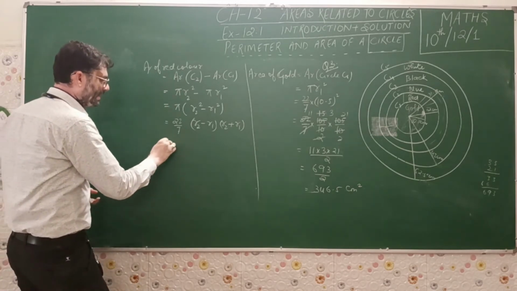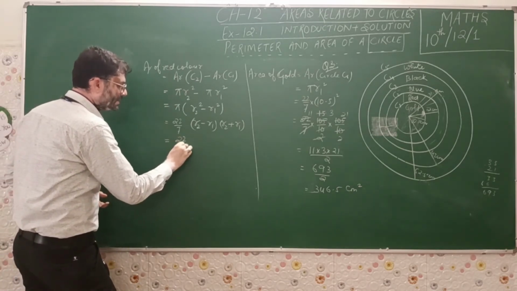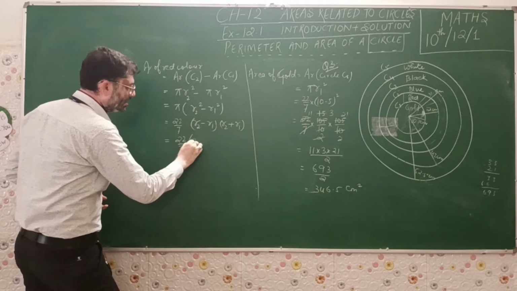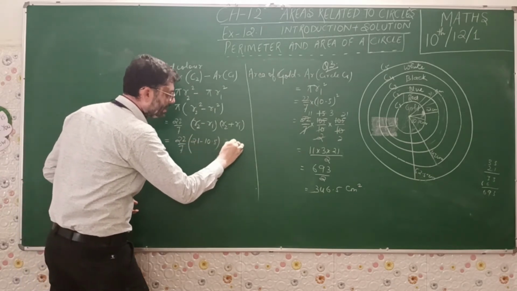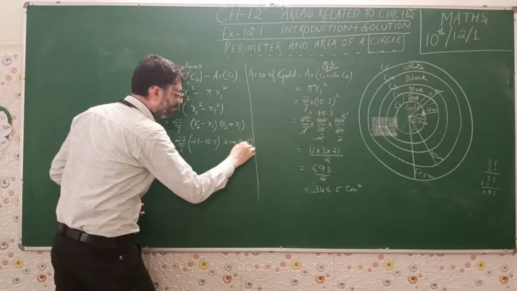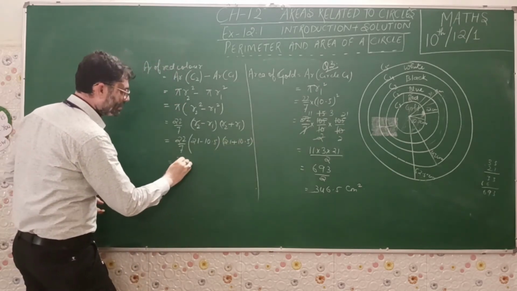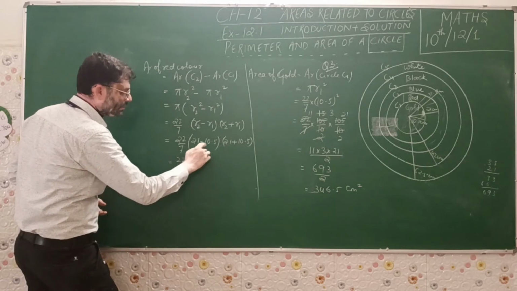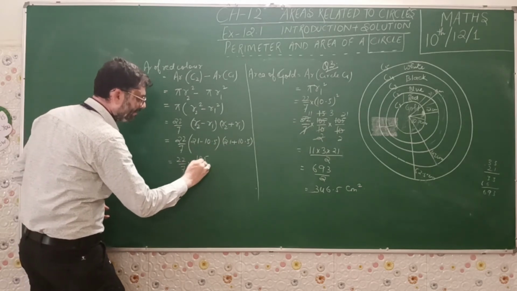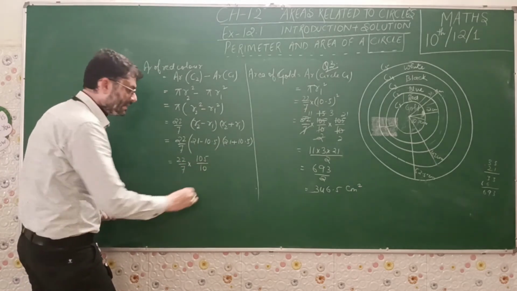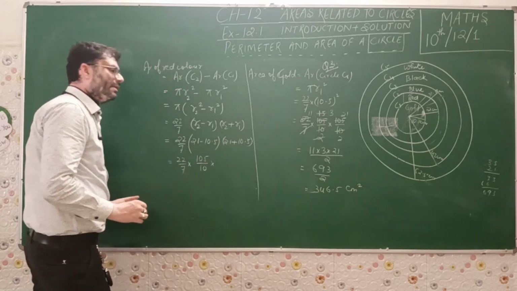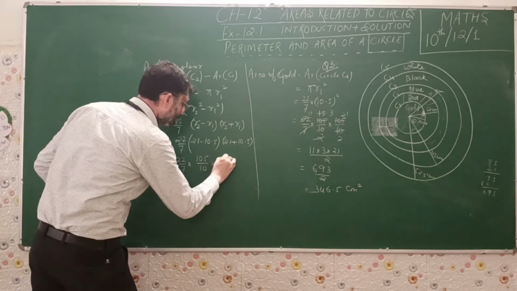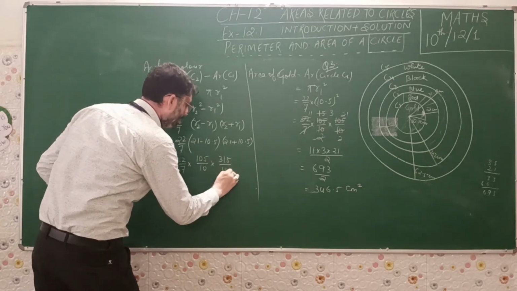So this can be written as 22 by 7, r2 is 21 minus 10.5, and this is 21 plus 10.5. This is 22 by 7 into 10.5, that is 105 by 10, and into 21 plus 10.5, which is 31.5, that is 315 by 10.